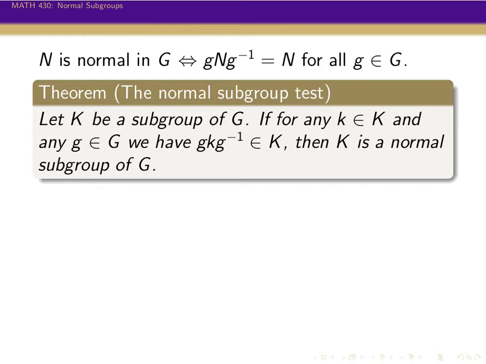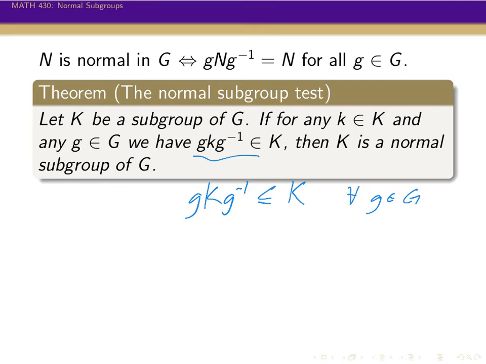Here all you're showing is that gKg inverse is inside of K, and this is true for any g in G. The other inclusion is pretty much automatic.